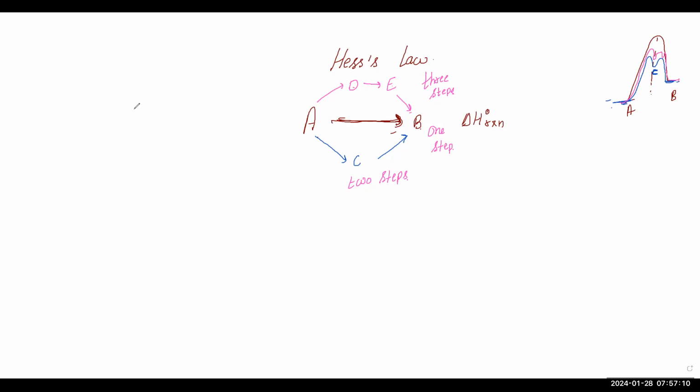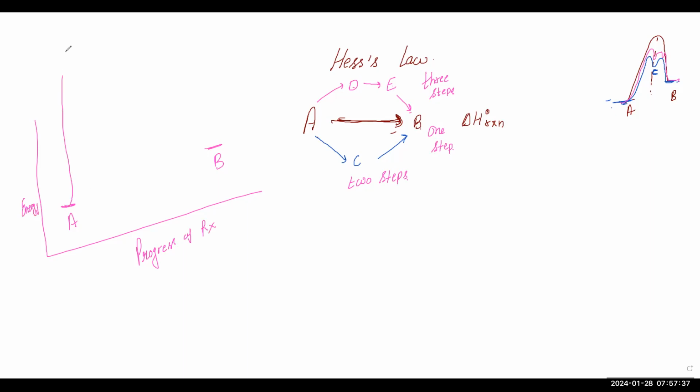Maybe this diagram is too small. So let's do it again. Step 1, A is here, B is here. This is A, this is B. Here is the energy. Here is the progress of reaction. Energy profile.